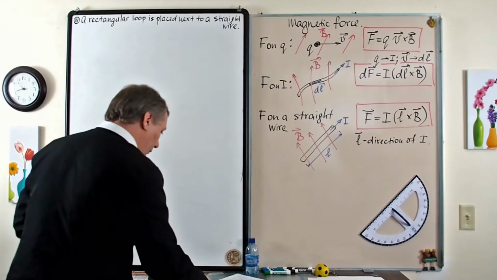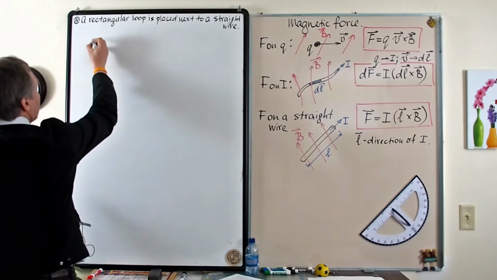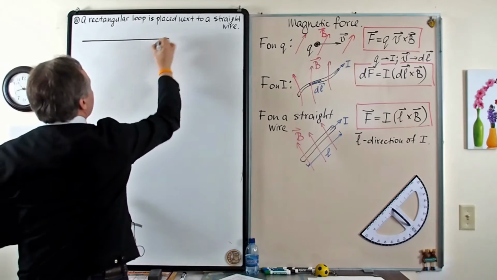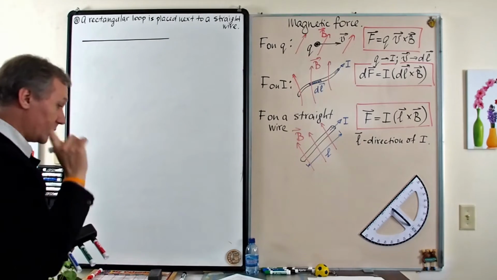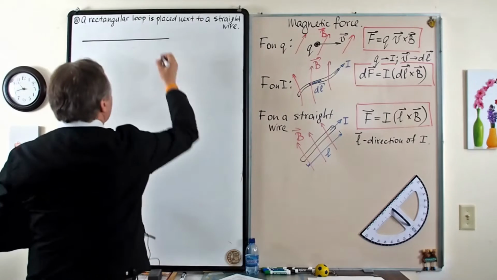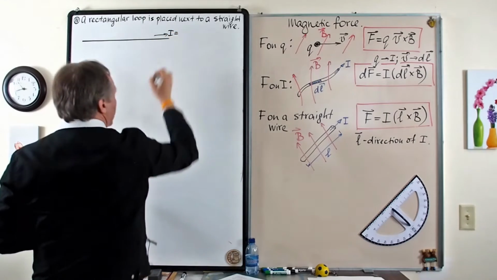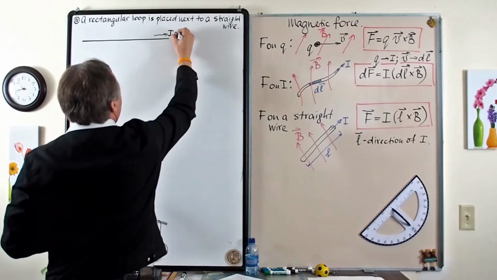Okay, I will probably start with the picture. Right. So let's assume that we have, this is our infinitely long straight wire with the current, of course. Current I equals to 3.5 amps.